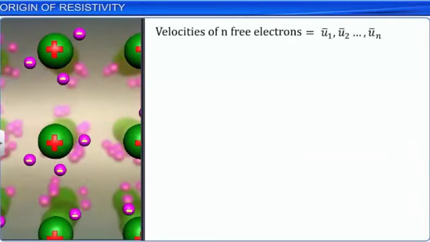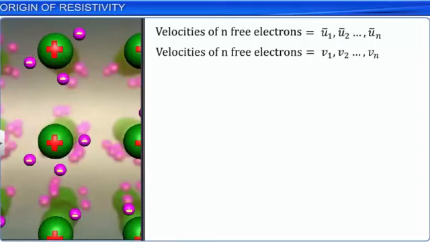Earlier, we considered the velocities of n number of conduction electrons at any given instant to be u1, u2, and so on till un. Now, when the electrons are subjected to the electric field, let their velocities be v1, v2, and so on till vn.